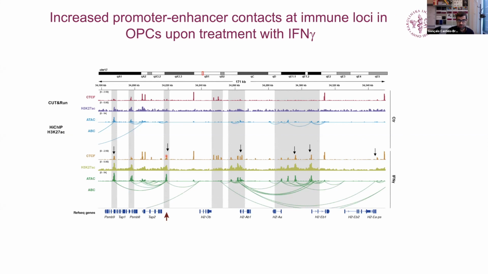And what they observed was that in these MHC class 1 and MHC class 2 loci, there was an increase in binding of CTCF, an increase in the H3K27 acetylation signal, of chromatin accessibility, as we had seen before, but also of the promoter-enhancer interactions.